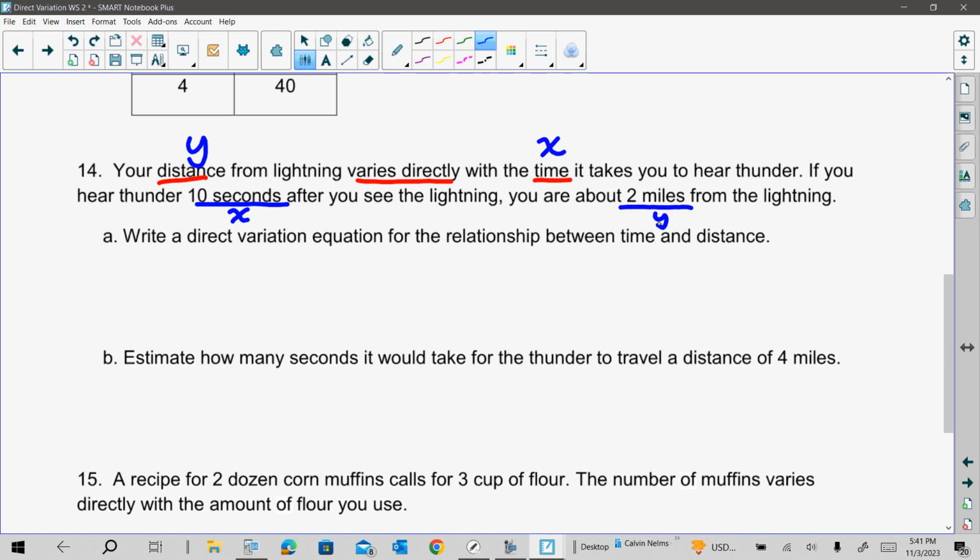So to write a direct variation equation here, we're going to need to find that k. And to get that k, that's when we do y over x. So we're looking at our distance, which was our miles here, over our time.